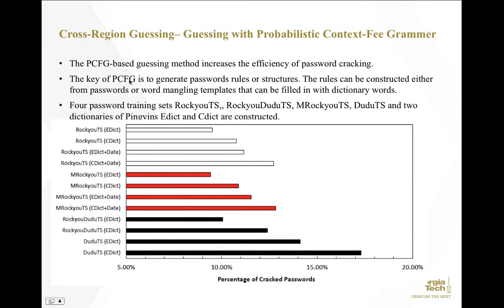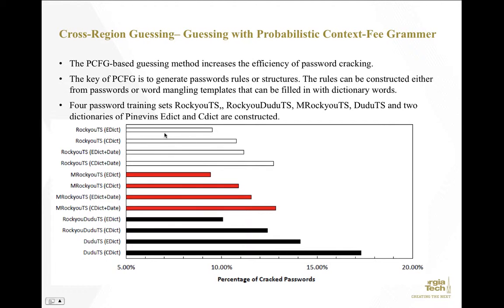The rules can be constructed either from passwords or word-mangling templates that can be filled in with dictionary words. For the password training sets, Rockyou TS and Doodle TS, and the two dictionaries, E-edit and C-edit, are constructed. We use the passwords from these dictionaries to guess the passwords in these training sets.